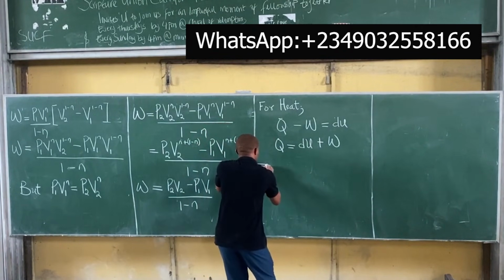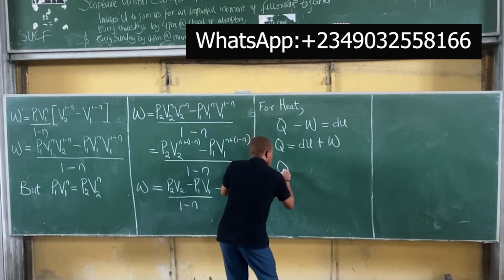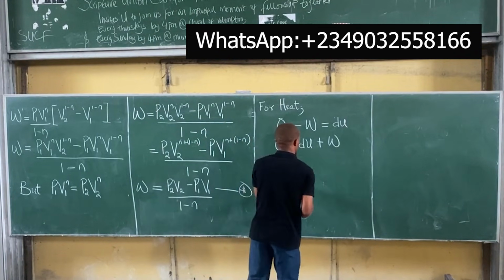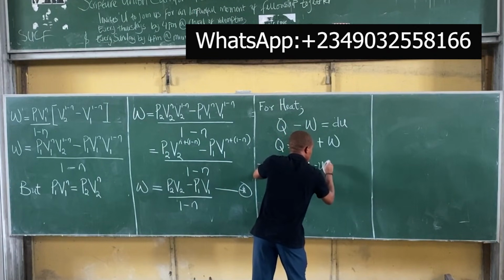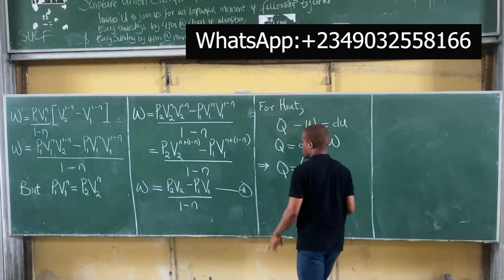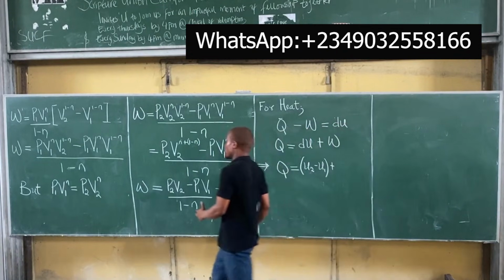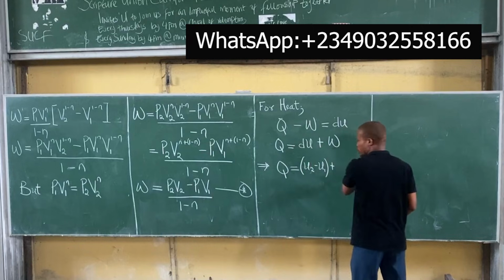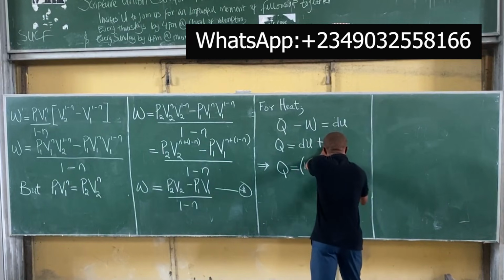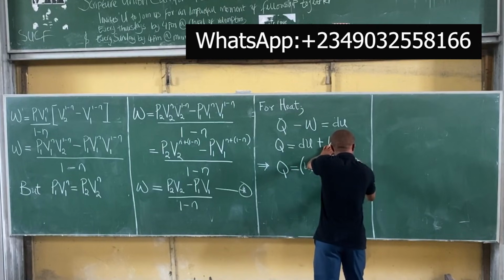Therefore, our Q becomes U2 minus U1 plus, we input the value of work done for a polytropic process into this equation, and we have P2 V2 minus P1 V1, all divided by 1 minus n.